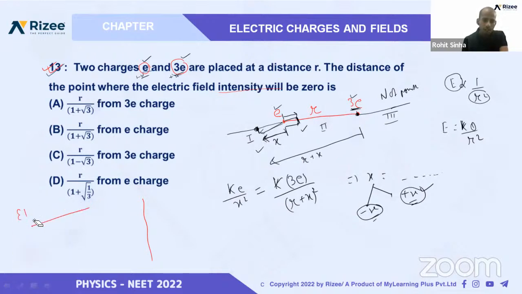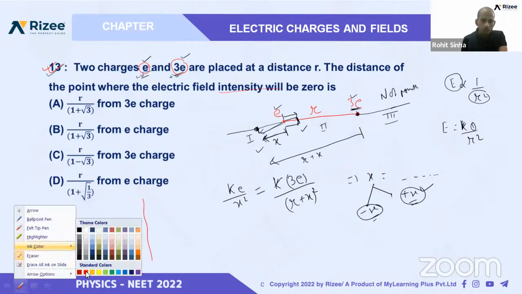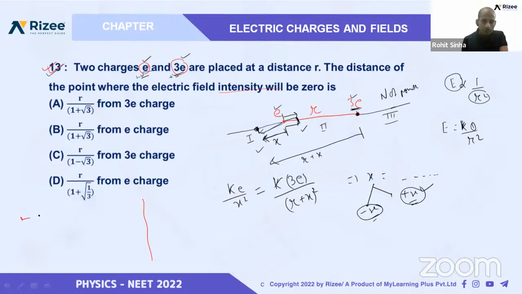If suppose I take distance like this, there is E, it is 3E, and suppose I take a point here, and this distance is, let us suppose, x. Then this will be r minus x.